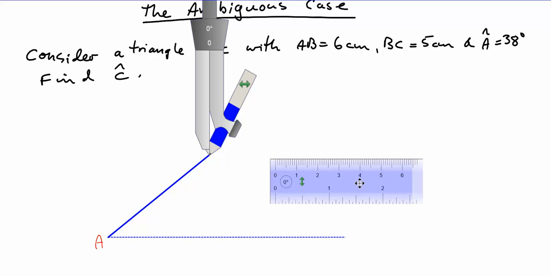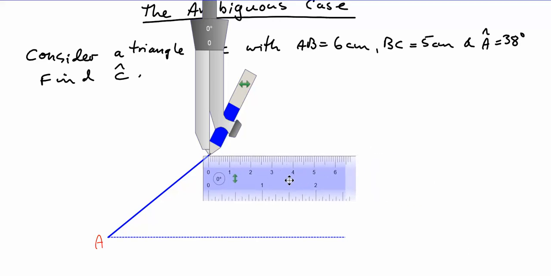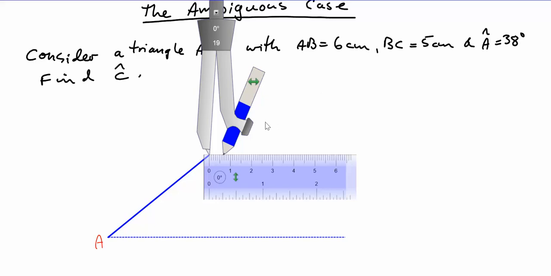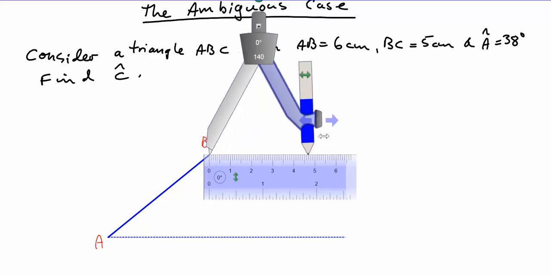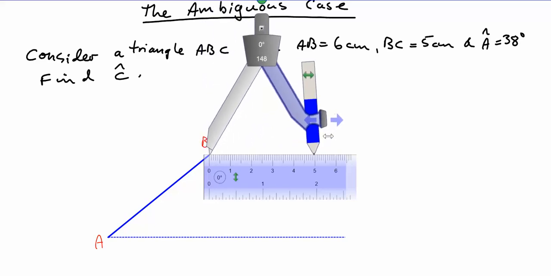Okay, so I've got my pair of compasses and my ruler, and I'm going to have a radius of 5, like that.